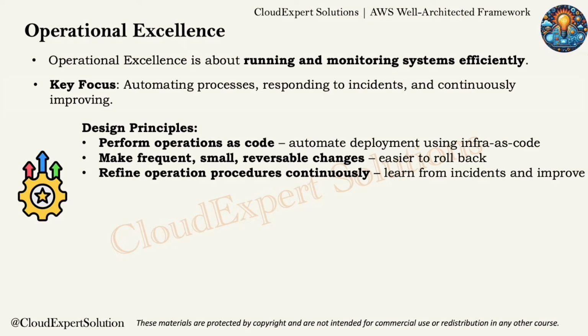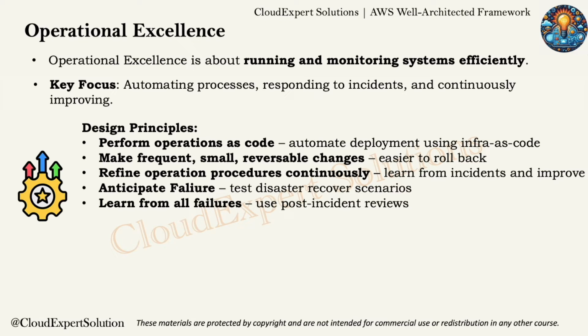Refine operations procedures continuously and learn from incidents and improve. You should also anticipate failure. That is why you should test disaster recovery scenarios. And last but not least, learn from all failures. Use post-incident reviews to understand why certain failures occurred.